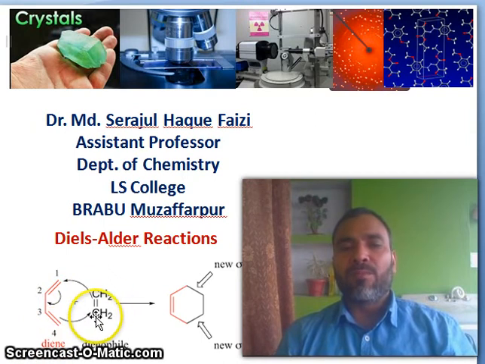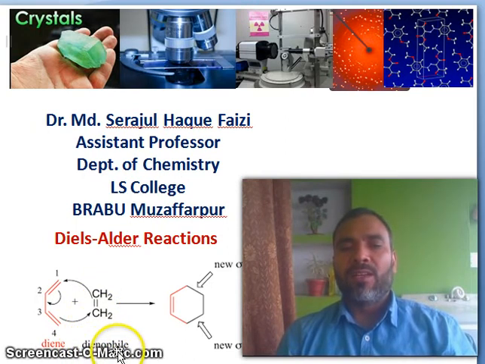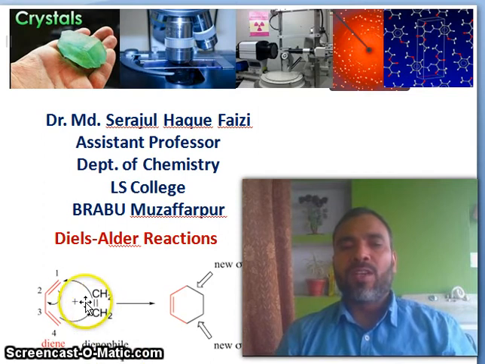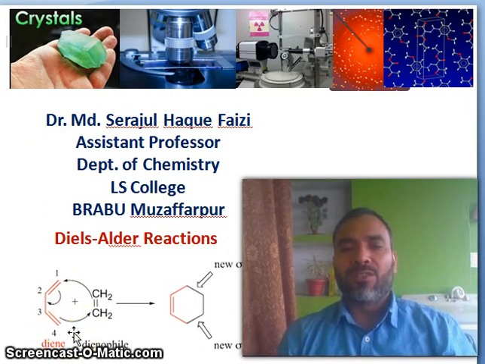And this compound contains one double bond, and we are saying this is a dienophile. So this double bond is always waiting for this diene, and then cycloaddition occurs.